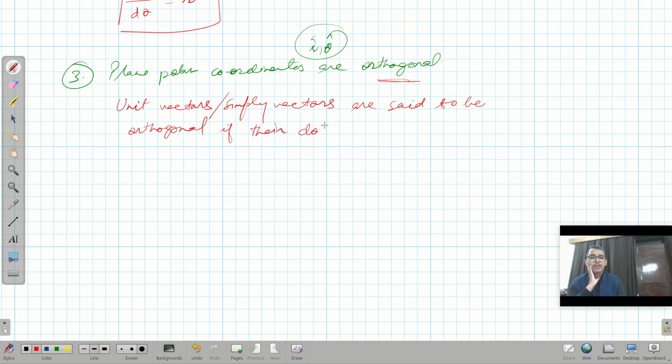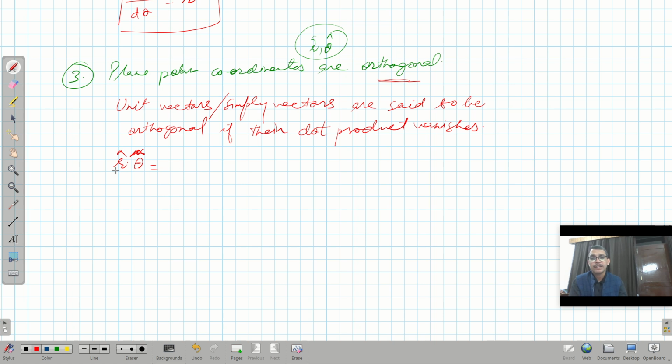So for this, let us consider the dot product of r cap and theta cap. Their dot product can be written like this: r cap dot theta cap.